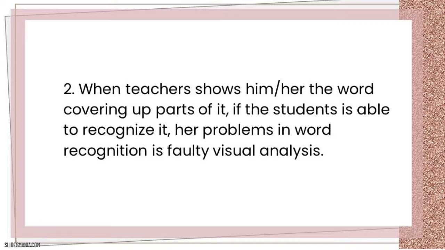So learning three-letter words only means that he or she can only read the three-letter word from the word rainbow, which is the bow. And we can say that the child has faulty visual analysis if he can only recognize some parts of unfamiliar words and not the entire word.